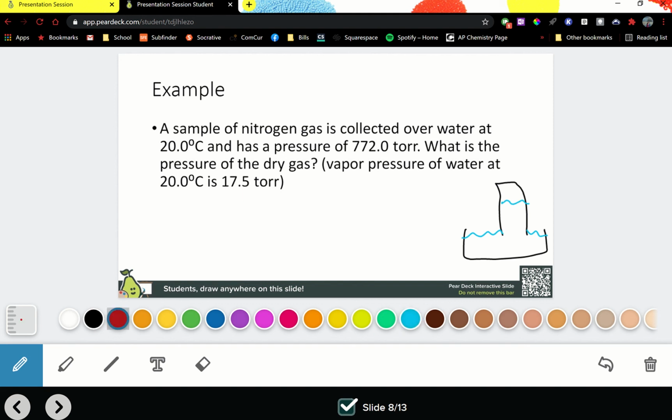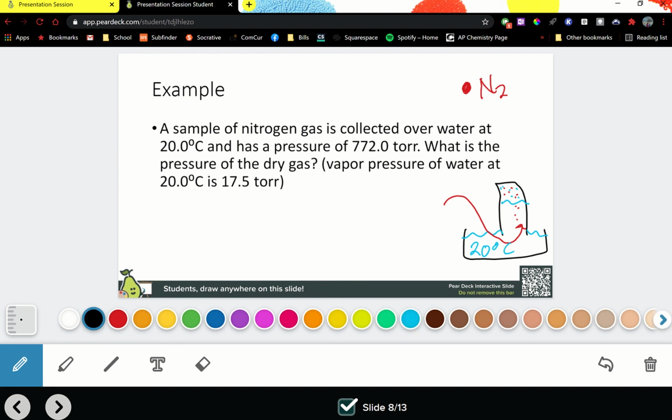And as I collect my nitrogen gas, let's say that this is nitrogen, we'll call it N2. It's coming in through a tube that's in here, and bubbling up and collecting in there. But as it collects, again, some water is going to evaporate as well. And our water here is 20 degrees Celsius.